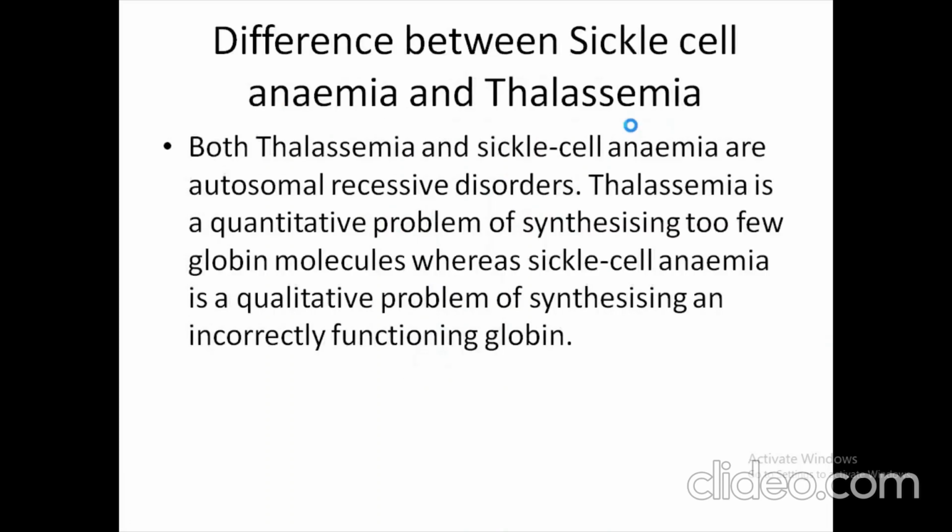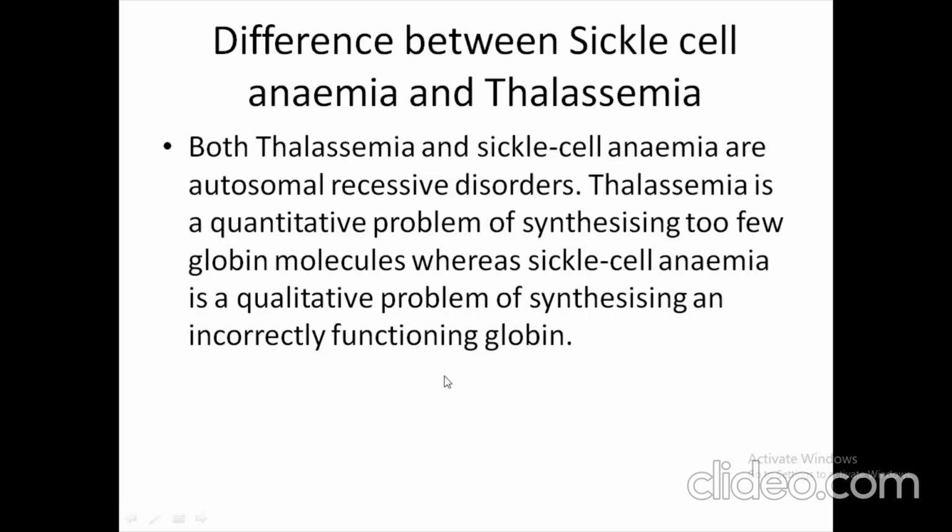Now, what is the difference between sickle cell anemia and thalassemia? Remember, sickle cell anemia and thalassemia both are blood related, or I can say hemoglobin related, autosomal recessive disorders. But the main difference is that thalassemia is a quantitative problem of synthesizing too few globin molecules, whereas sickle cell anemia is a qualitative problem of synthesizing an incorrectly functioning globin.